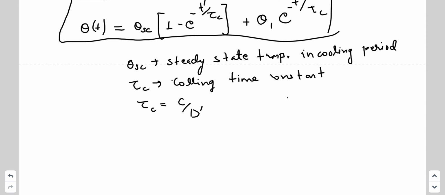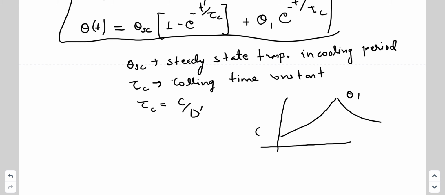So this will be our graph from heating to cooling. This will be theta 1, this will be theta 0, the minimum temperature, and this is the heating period, and this is the cooling period.